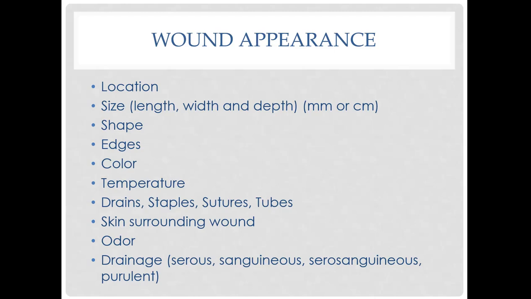What does the skin look like around the wound? Is it intact, or is it red, swollen, bleeding? Is there any type of odor coming from the wound? And then we want to note the drainage. We're going to talk more about this, but we describe drainage as either serous, sanguineous, serosanguineous, or purulent.